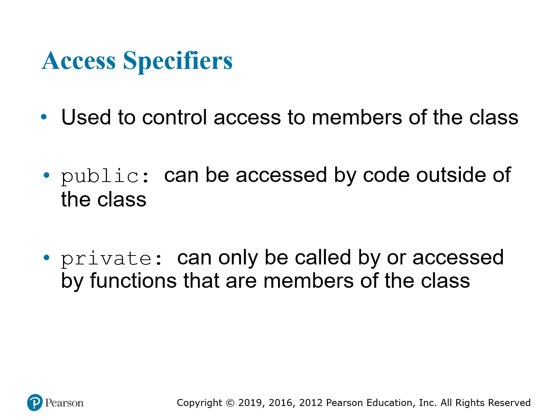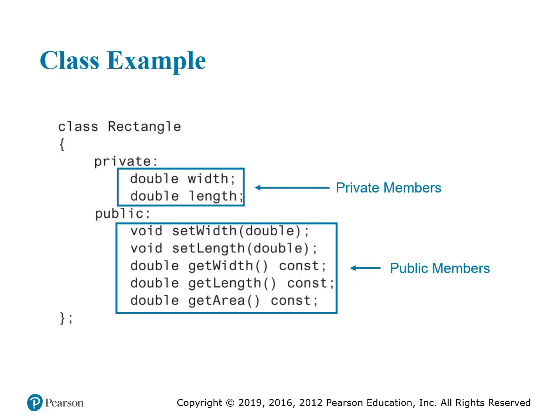Private can only be called, if it's a function, or accessed, if it's a data member, by functions that are members of the class. And we typically make all of our data private because we don't want some bozo out there changing the length of our rectangle without us knowing about it.